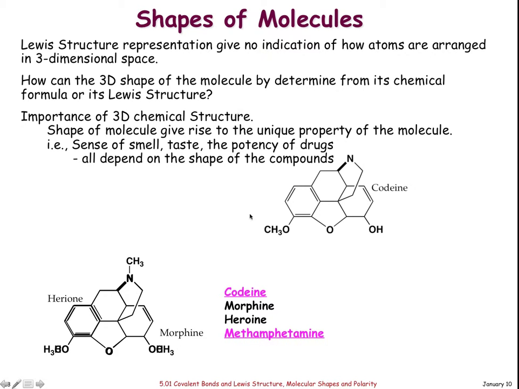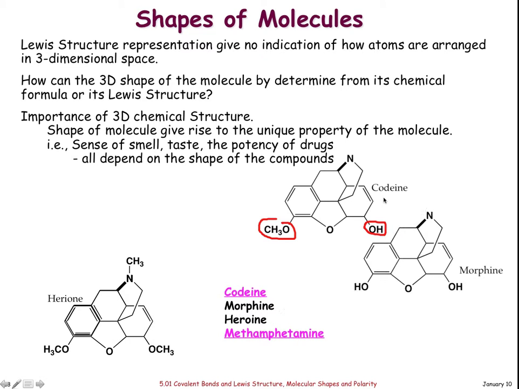If we just pay attention to this part of the structure, what you have here is morphine. Now codeine is probably what some of you have taken in your cough syrup. It helps cough, it sort of helps pain a bit, but morphine is really the drug for pain.